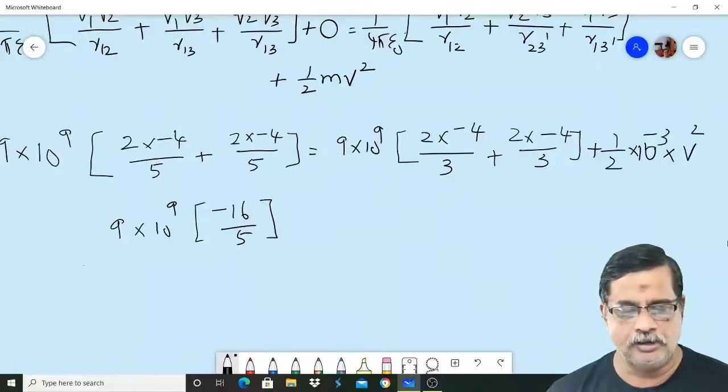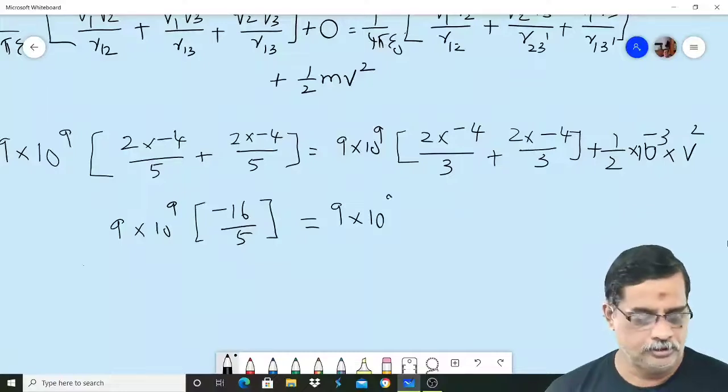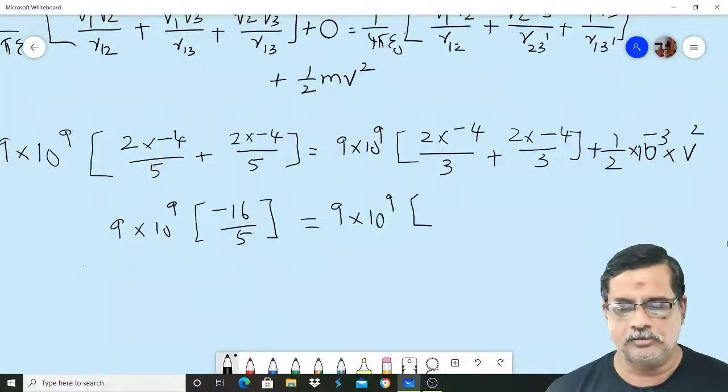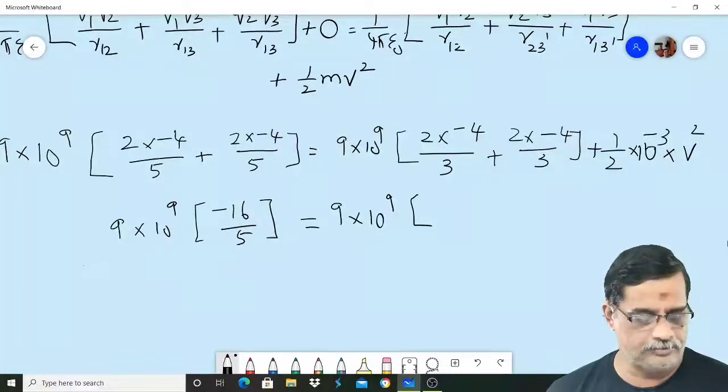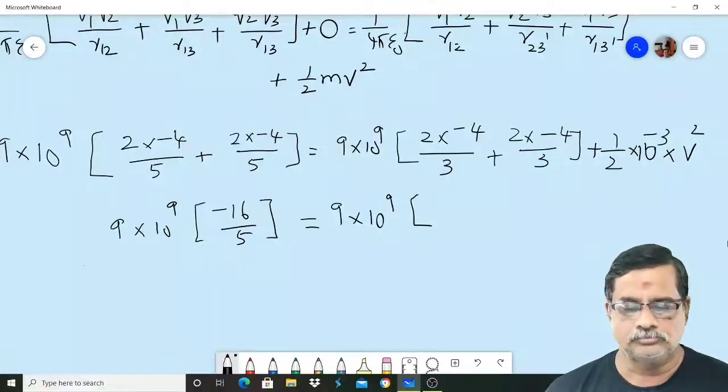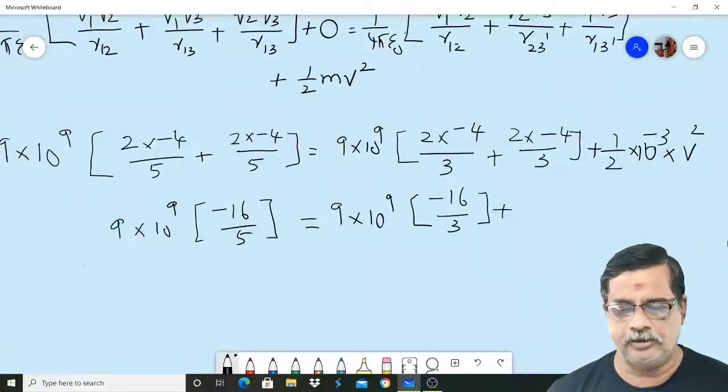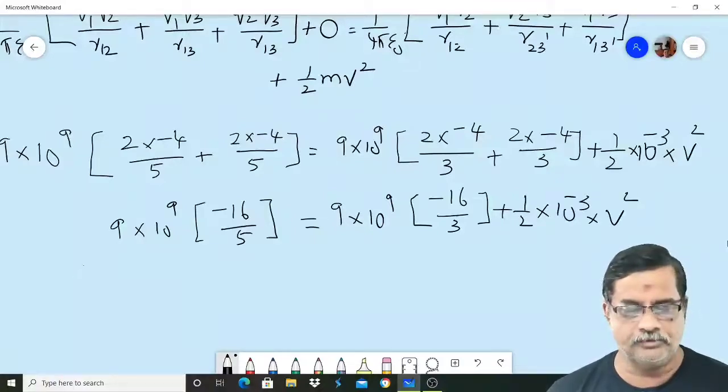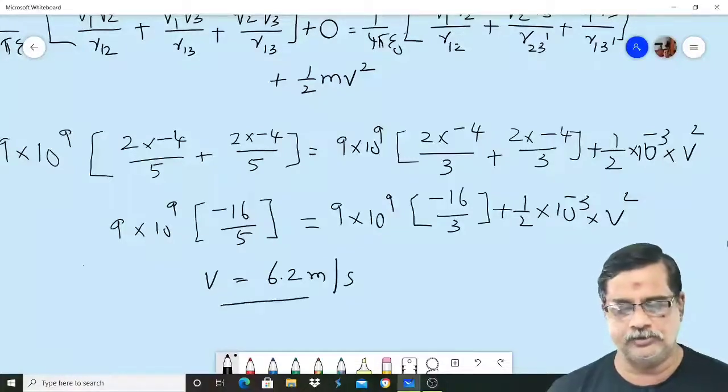This is equal to 9 into 10 raised to 9 into minus 8 by 3, plus minus 8 by 3, which is minus 16 by 3, plus half into 10 raised to minus 3 into v square. Upon simplification, we will get this v as 6.2 meter per second. So that is our final answer. Velocity is 6.2 meter per second.